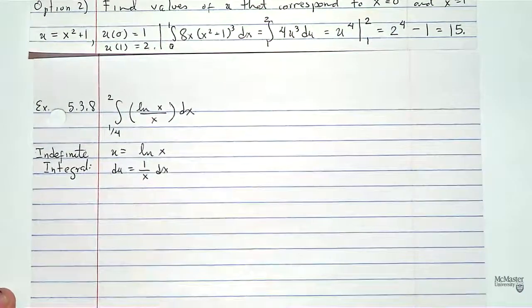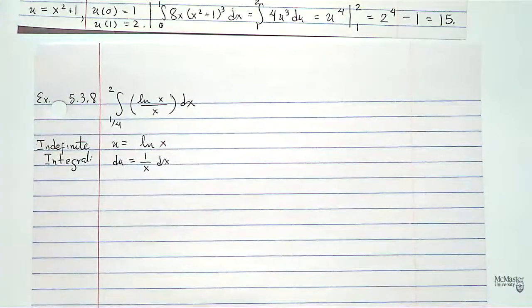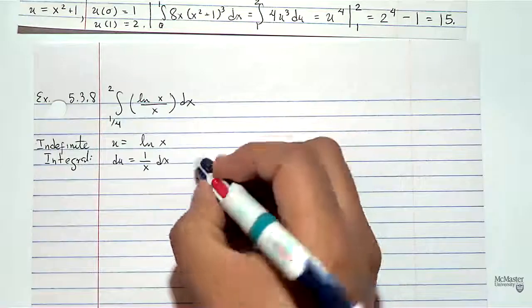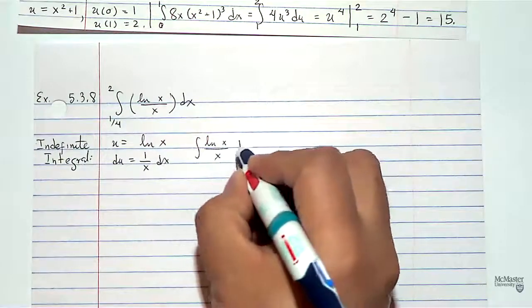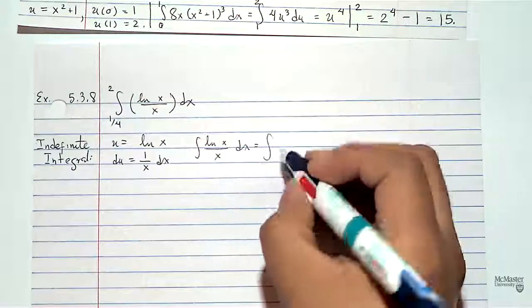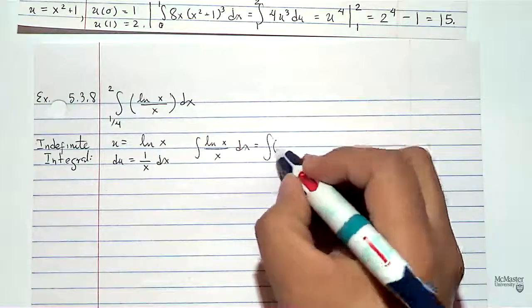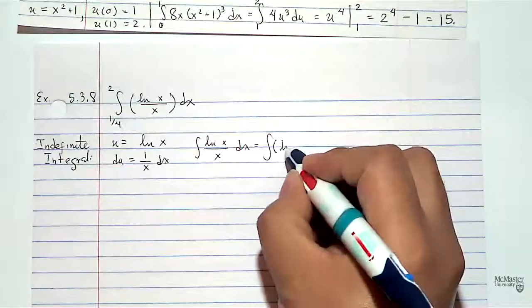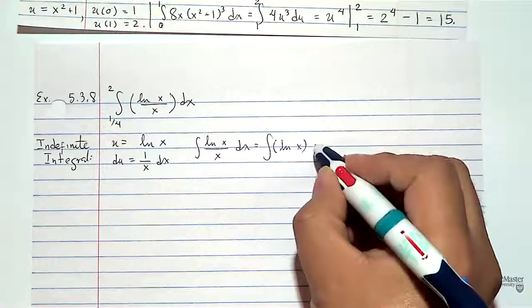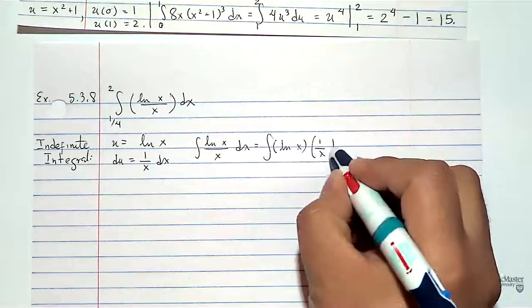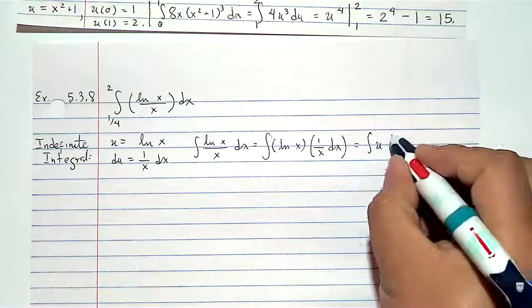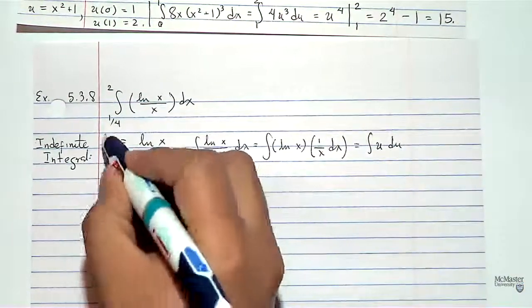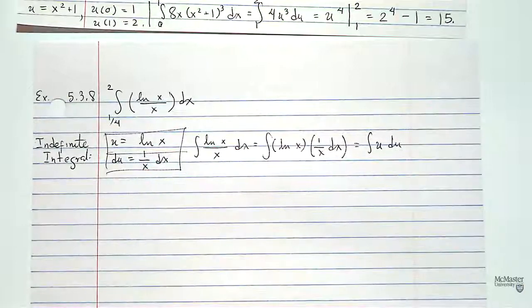Remember, this is the derivative. You can do the integration indefinite, so integral of natural log of x divided by x dx. If you want to put it in a nicer fashion, natural log of x, and then you have 1/x dx. So here you have your choice of u, and then you have du, right? Just the way we chose everything.